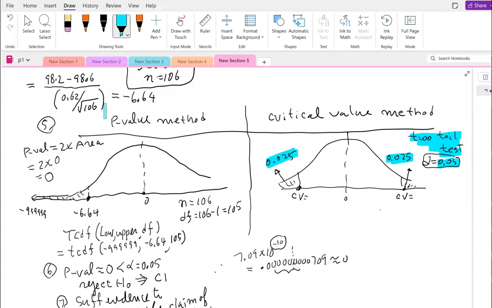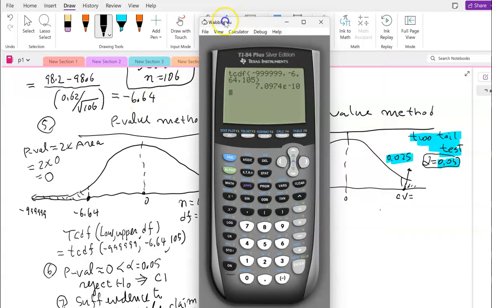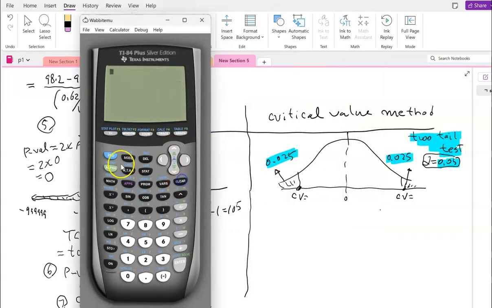So to find the critical value, let me erase that part now. You go to the calculator, and then go to second bars.